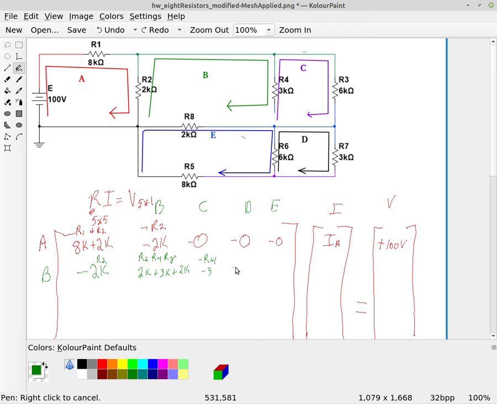So there's a -0 there, and you really don't have to put the minus because it's simply 0. So -0 and +0 are of course the same. But B and E do touch right here at R8. And so we have to subtract off R8, which is -2K. And that's our IB. And there's no voltage supply there, so that's simply a 0.